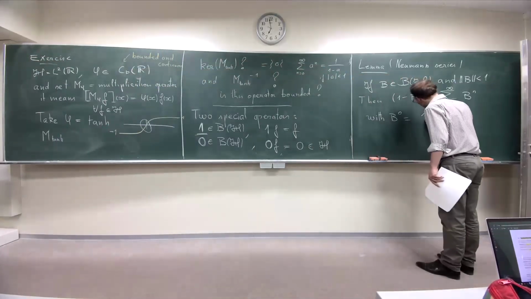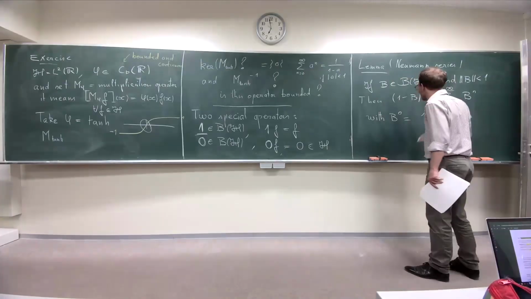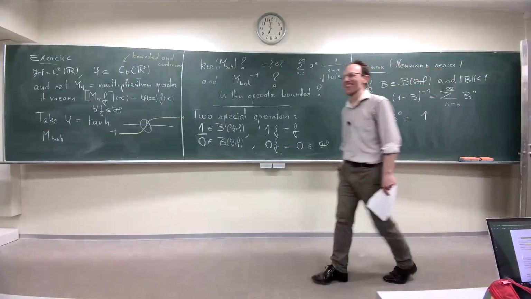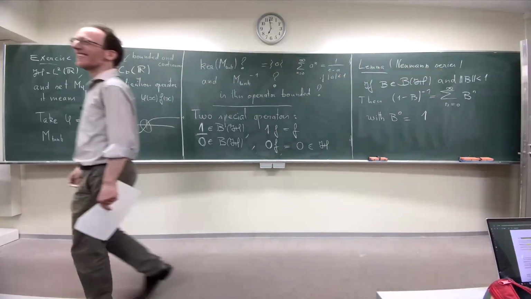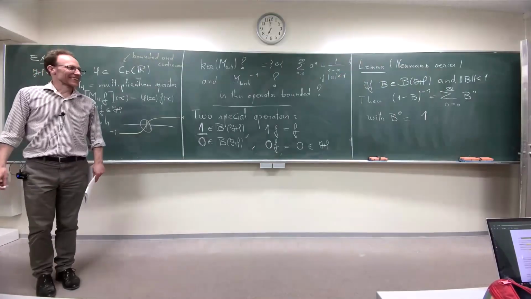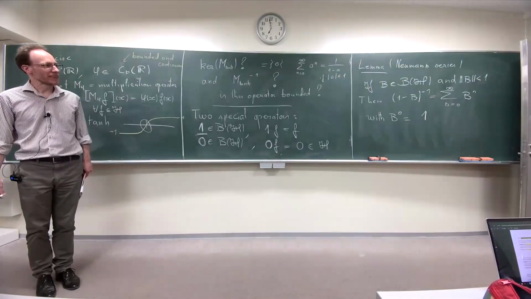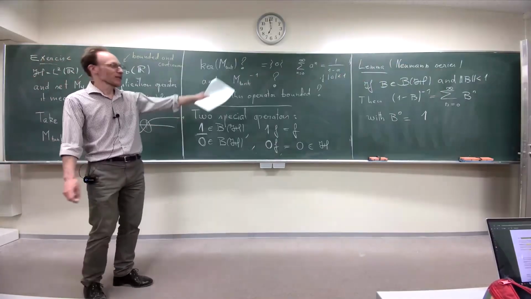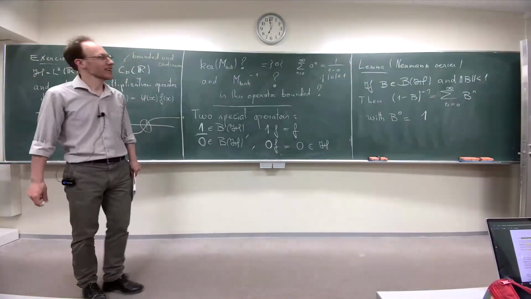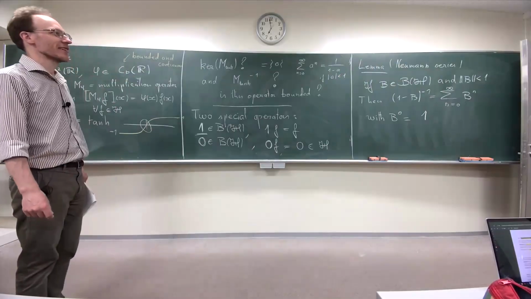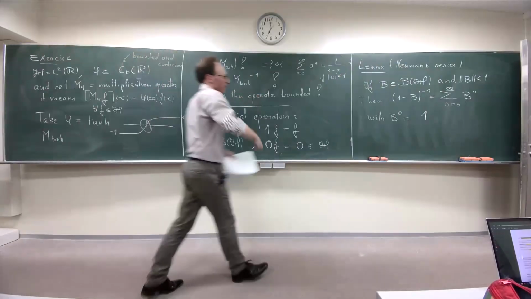Okay, Vic, I know 0 to the power 0. I don't want to hear about it. But if B is 0, this formula is not correct? That's true. No, it's correct if you take this convention.